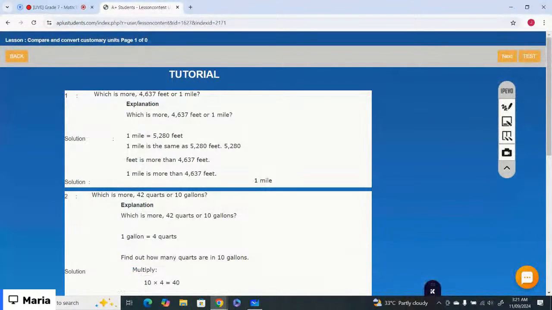Which is more, 4,637 feet or 1 mile? So, which is the correct option? You have to see which is more, right?